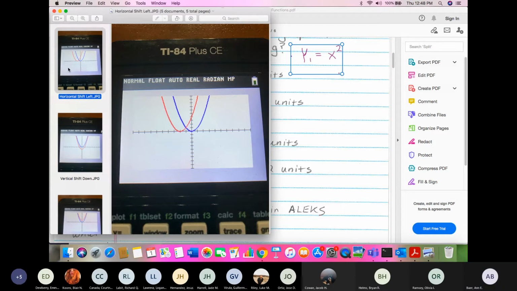So what are the coordinates of the vertex of that red parabola? It is -2, 0, right? So the x coordinate is -2 because it's on the x-axis there. So that's -2, comma, what is the y coordinate? Go over to the y-axis, it's 0.